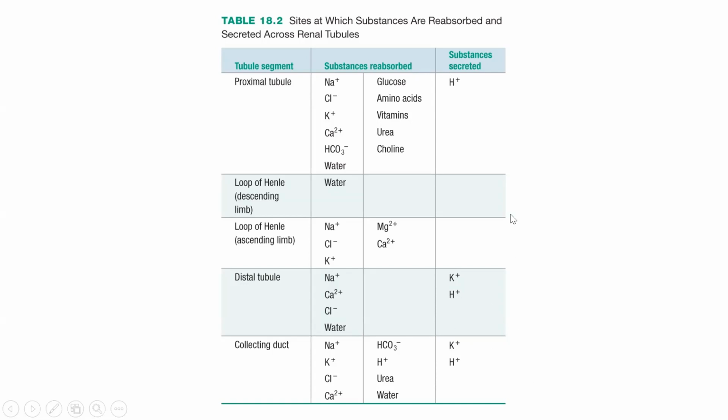And this is going to make more sense when we look at the function of the kidneys in terms of acid-base balance. The ability of the kidneys to help us balance the acidity and the alkalinity of our blood has to do a lot with the fact that hydrogen ions are secreted at the proximal tubule, the distal tubule, and the collecting duct. Okay, all right.